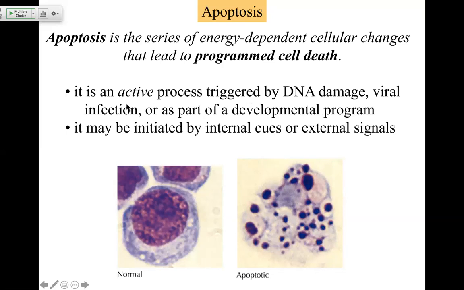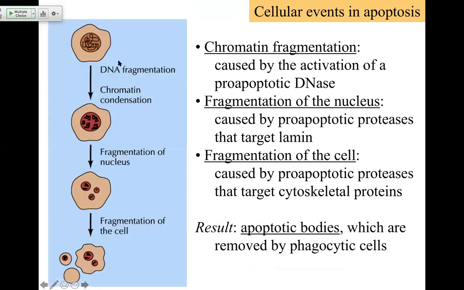No matter what cell type we're talking about, and no matter what the initiating event is, apoptosis usually involves this sequence of events. Starting with fragmentation of the DNA, meaning the DNA is broken up into little bits. This is caused by activation of a DNase, a pro-apoptotic, pro meaning promoting, a specific DNase that's going to lead to cell death.